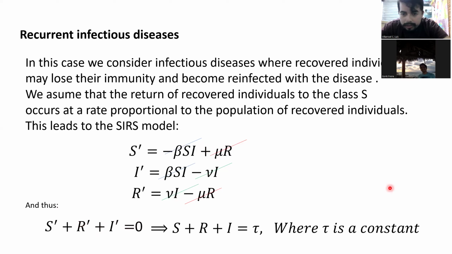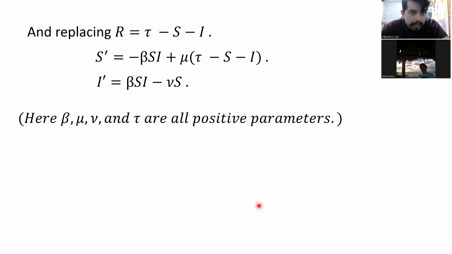Or said in other words, S plus R plus I is going to be tau, where tau is a constant, and a positive constant, of course, because we are going to keep in mind that S, R, and I are positive numbers, and more than that, integer numbers, because all of them are numbers of individuals.